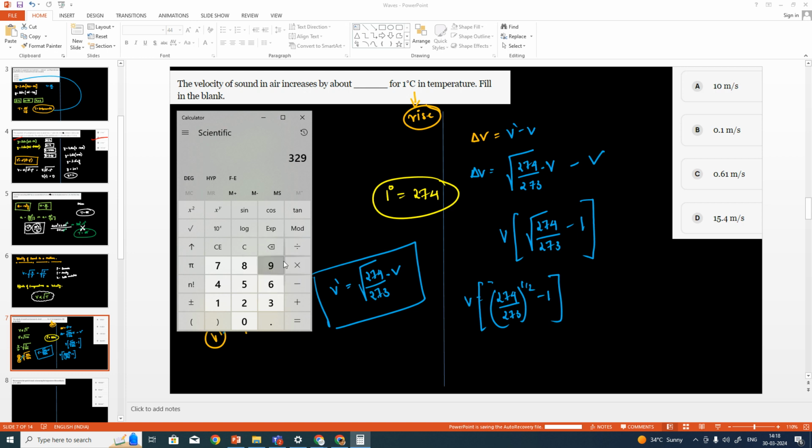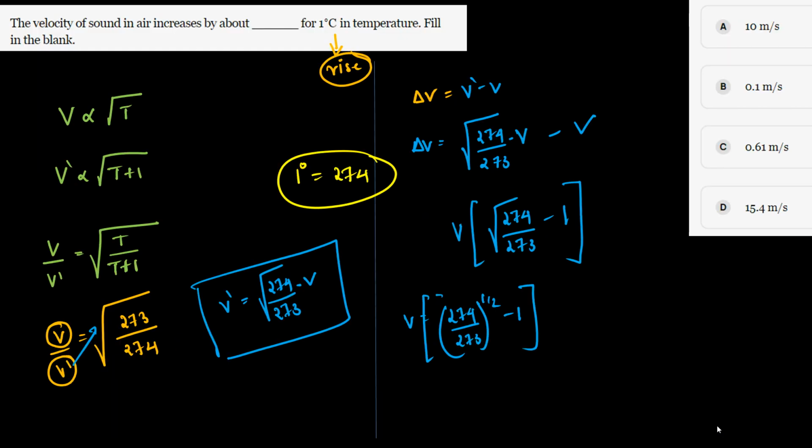Again, I will check. So it is 274 divided by 273, and this should be under the square root, minus 1, and multiplied by 330. Yes, we are getting it. What is it? 0.6. Do we have 0.6? Yes, 0.6 is there. So this will be the right answer.